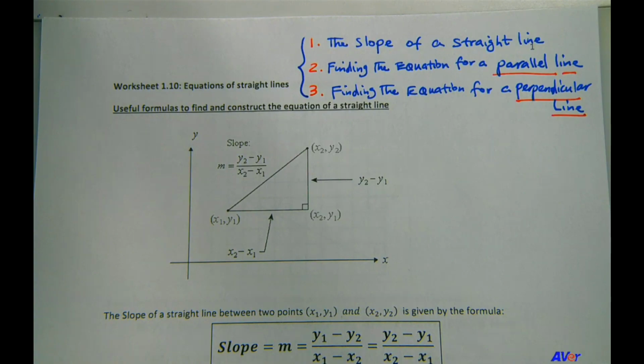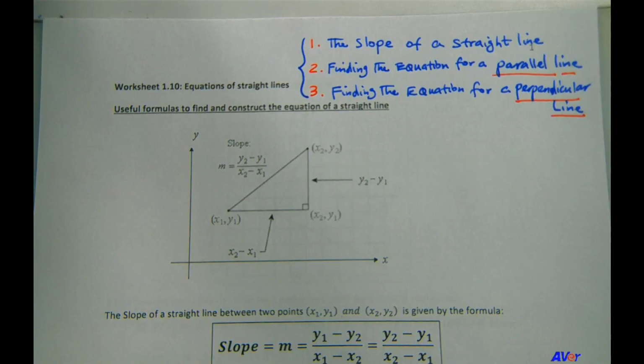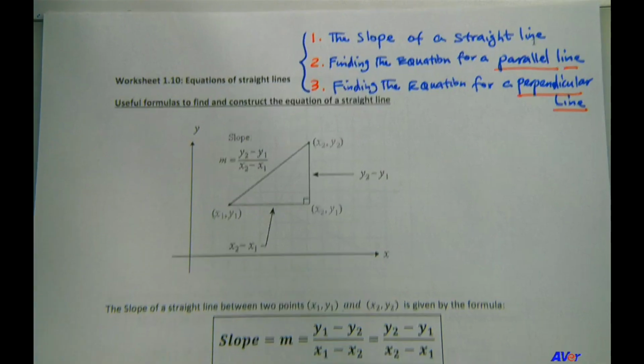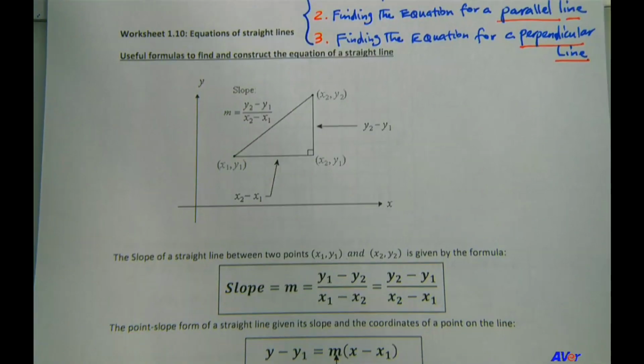The focus of calculus is the rate of change of some quantity that is constantly changing. It's never the same. But in this class, we will talk about slope that is constant.